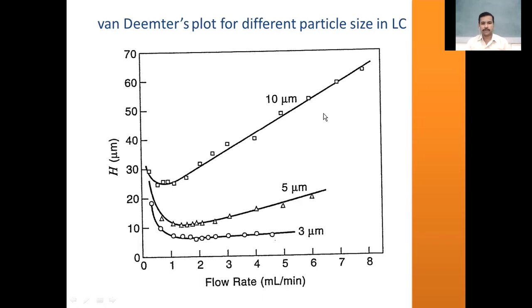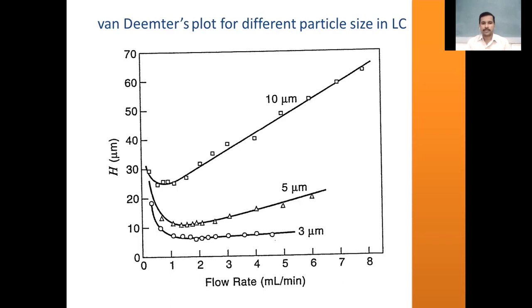So this graph gives the inference that it is better to use stationary phase particles which are lower in size. If you use stationary phase particles which are larger in size, definitely it is going to affect the column efficiency. It will suppress the column efficiency by increasing the band spreading.